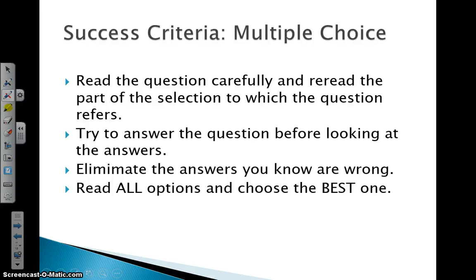Try to answer the question before you look at the answers, because then you'll already have something in mind. Next, eliminate the answers you know are wrong. And finally, read all of the options and choose the best one. This is important because sometimes there'll be a couple of answers that seem to be correct, and you need to pick the one that is the most correct.